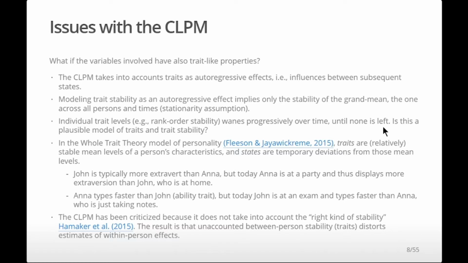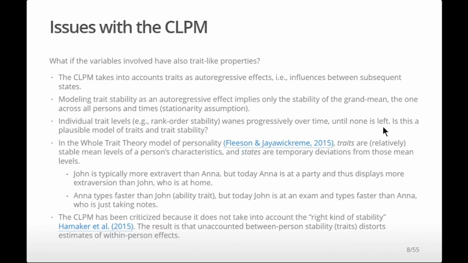What does it imply? It implies that if this is anxiety, your current anxiety is mainly predicted by the previous anxiety at the previous time point, plus some innovation. It also means that there is no underlying level of anxiety that distinguishes persons.